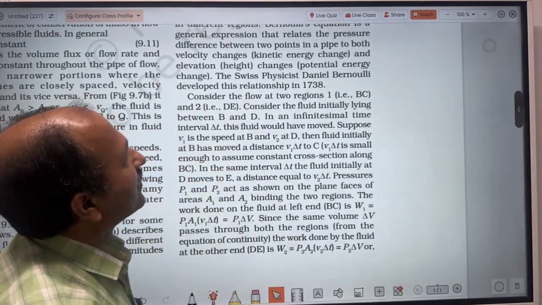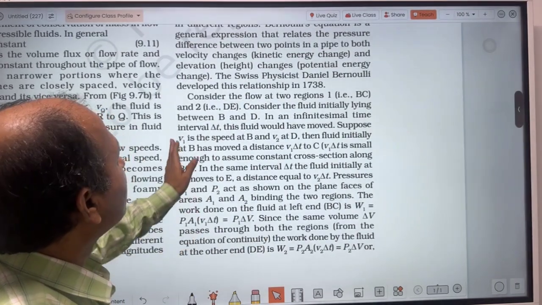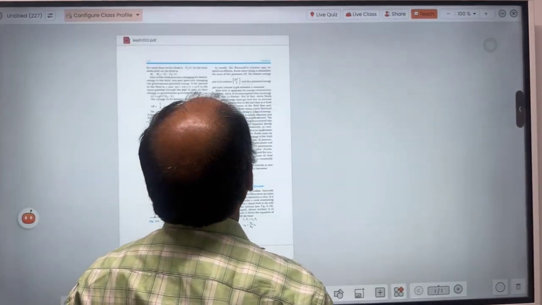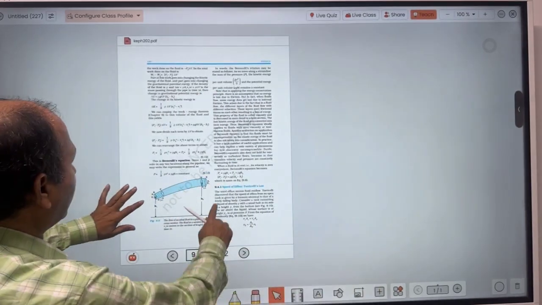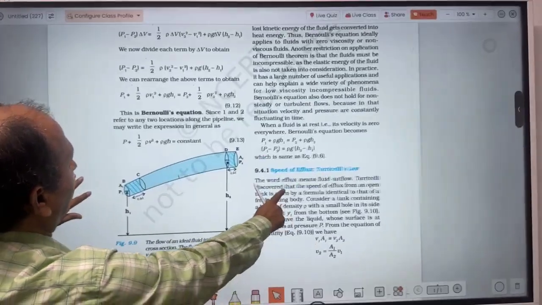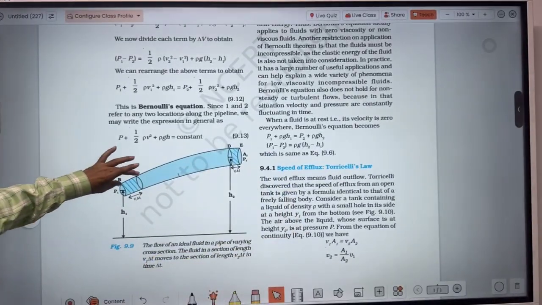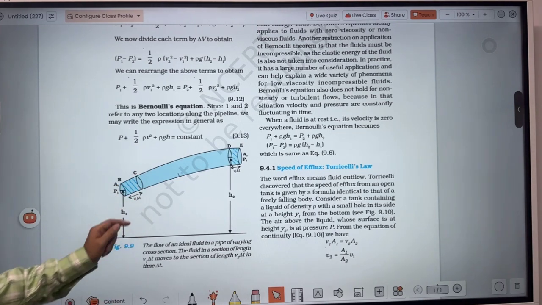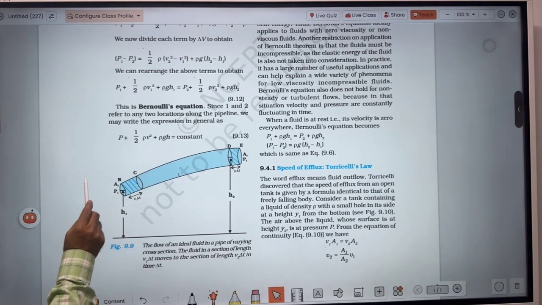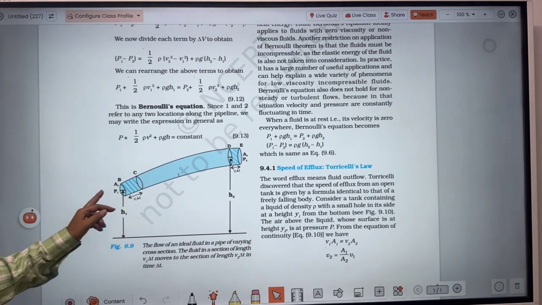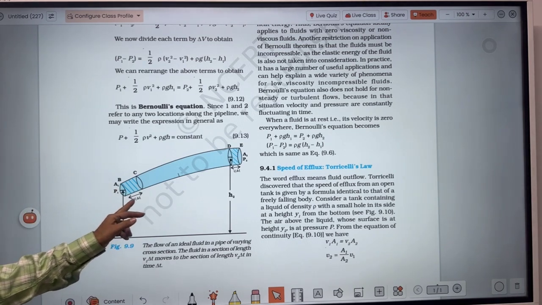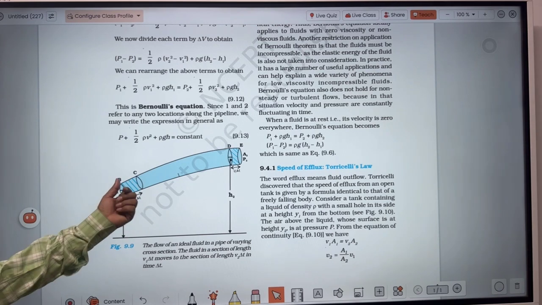Consider the flow at the two regions, region 1 BC and region 2 DE. If you see this diagram, it will be clear. Keep in mind the time interval must be taken the same, and as you remember from last time, area into velocity into time will give volume.